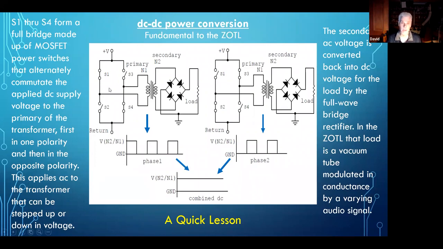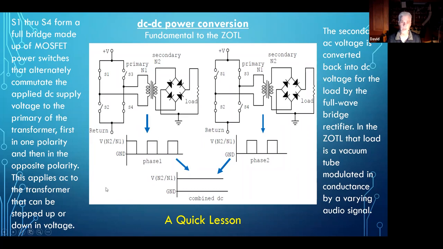So let's look at this. Switch 1 is closed, switch 4 is closed, 3 and 2 are open. So for this scenario, the voltage between the plus V and the return is applied in a polarity across the primary winding of this transformer, V plus to return in that polarity.